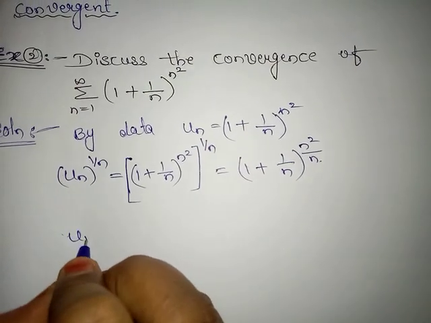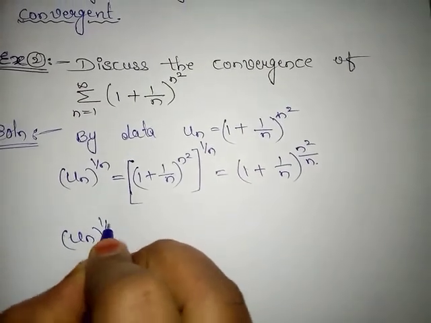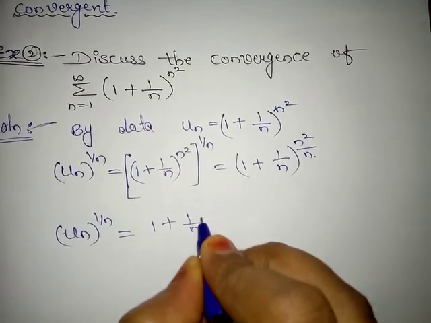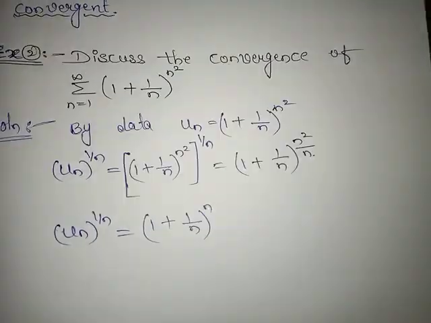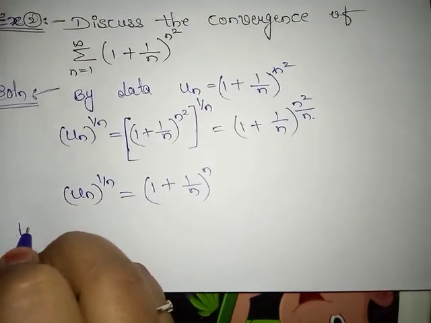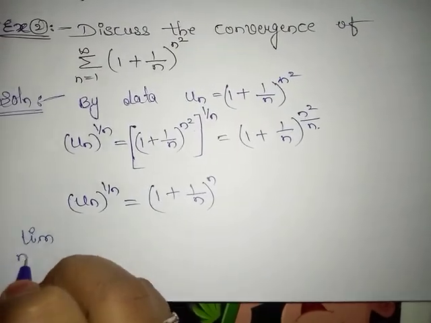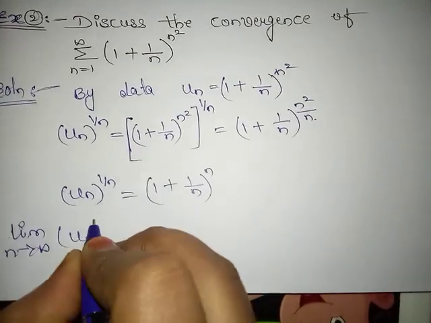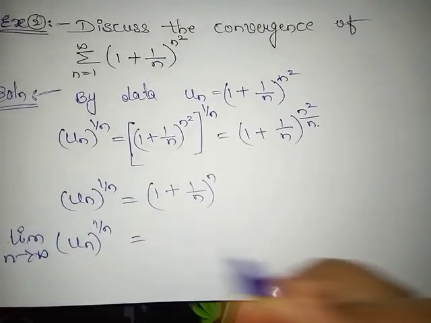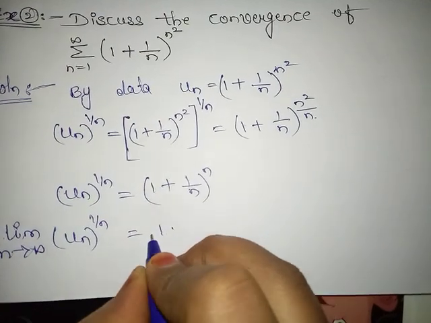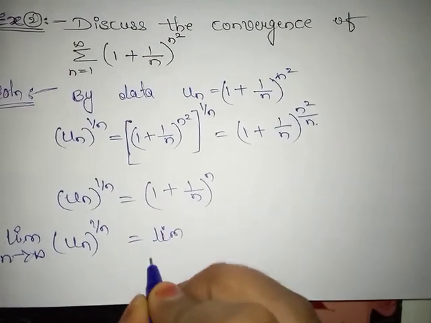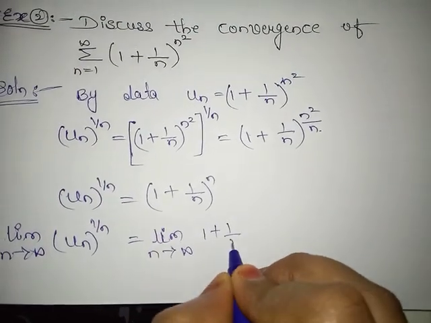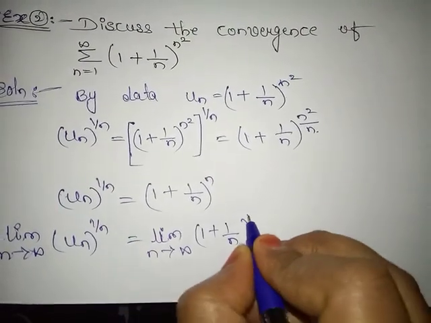Therefore un raised to 1 by n is equal to 1 plus 1 by n raised to n. Okay, now apply limits here. Limit n tends to infinity un raised to 1 by n is equal to limit n tends to infinity 1 plus 1 by n raised to n.